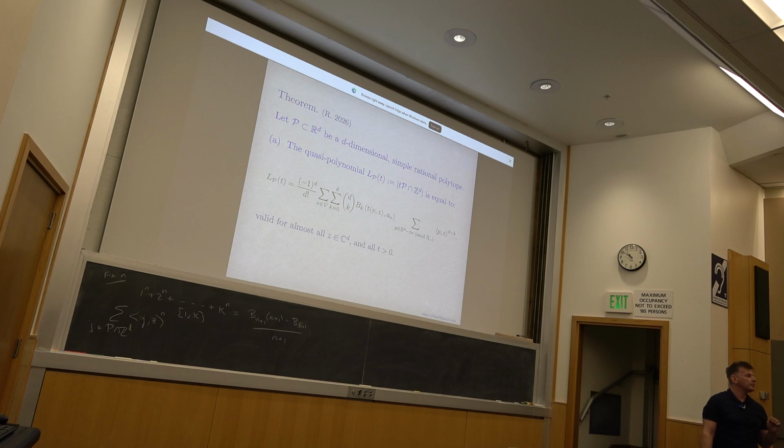What's wrong if z is 0? If z is 0, then everything is 0 on the right-hand side. So this doesn't vary continuously in z? No. Why is it not continuous in z? I don't know exactly, this is just the truth. We need z to be generic in order to have equality there.